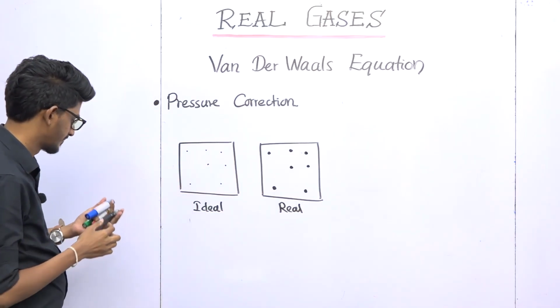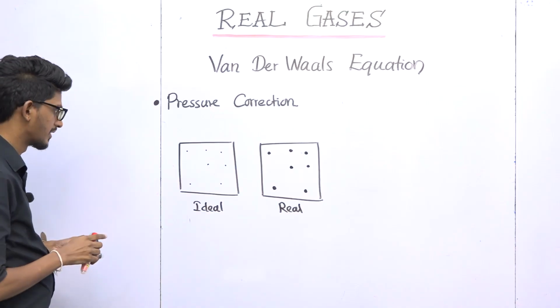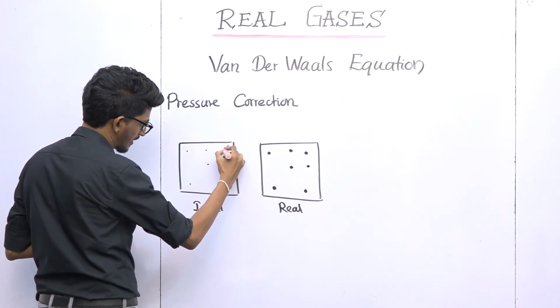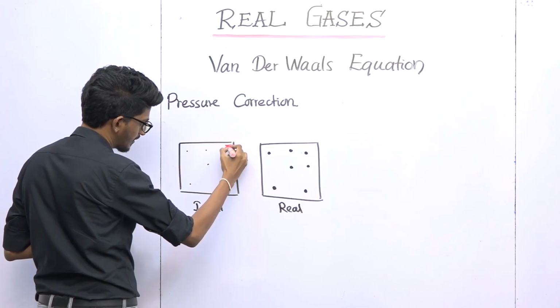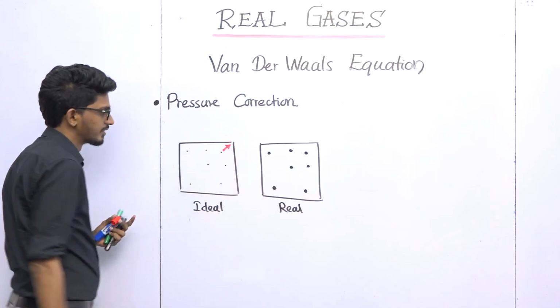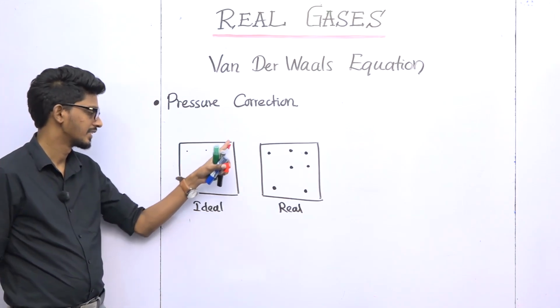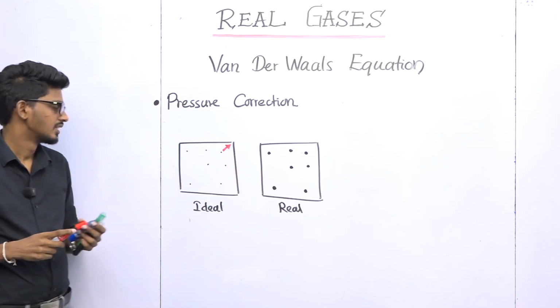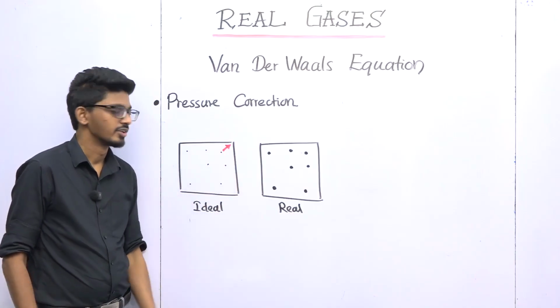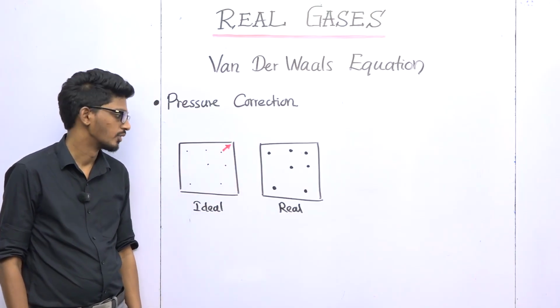The pressure is due to the collisions of these particles with the walls of the container; force divided by total area gives the pressure.